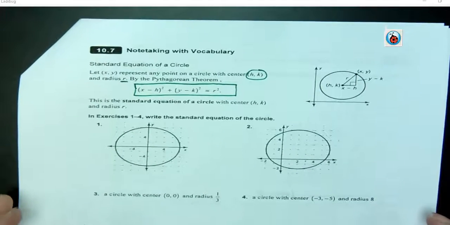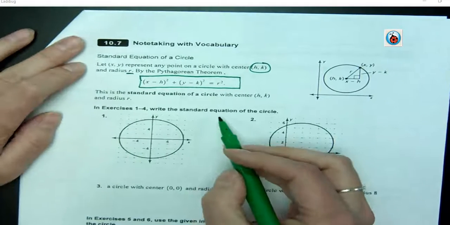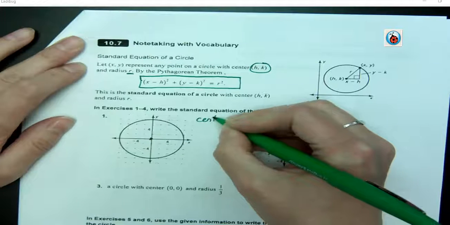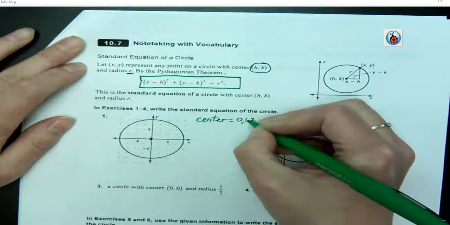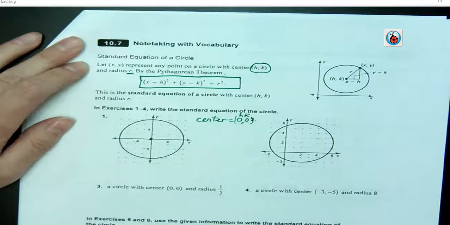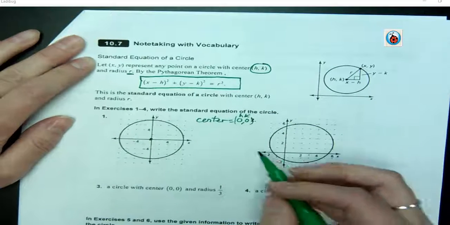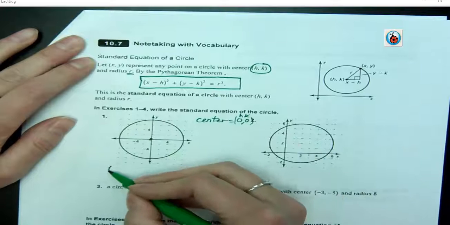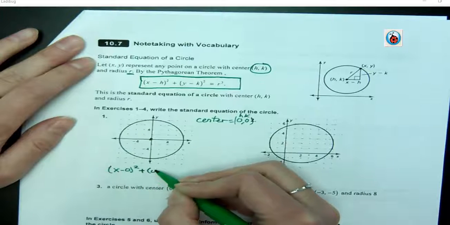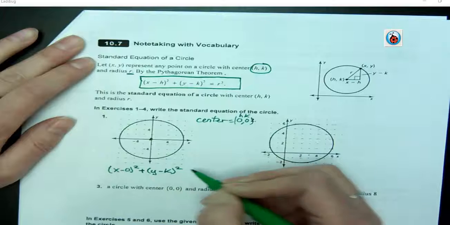And so first thing we're asked to do is write the standard equation of the circle. So I look at this. This is my center. So 0, 0, which means that's my h, that's my k. And so I just plug in x minus 0 squared plus y minus k squared.